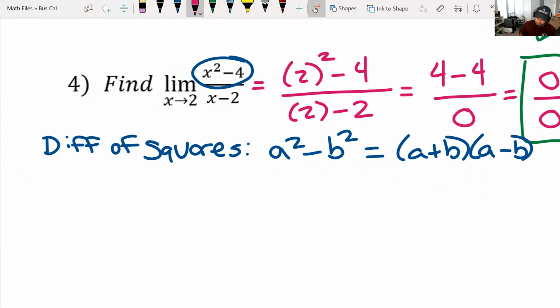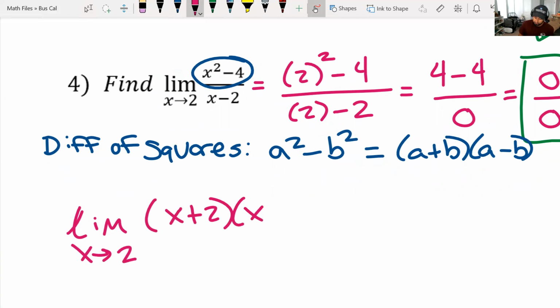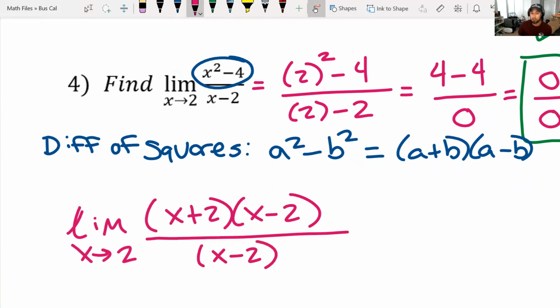So we're gonna say the limit as x approaches 2 of, and now we're gonna factor the numerator, x plus 2, x minus 2 over x minus 2.